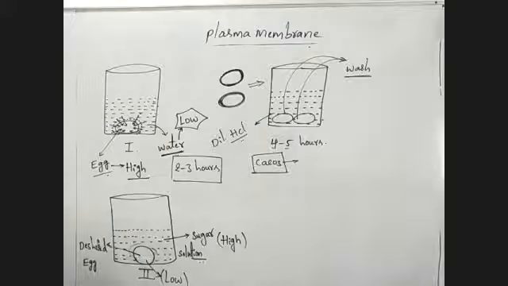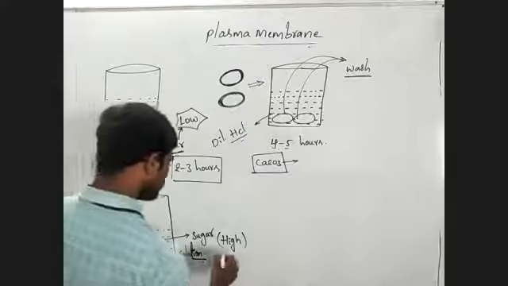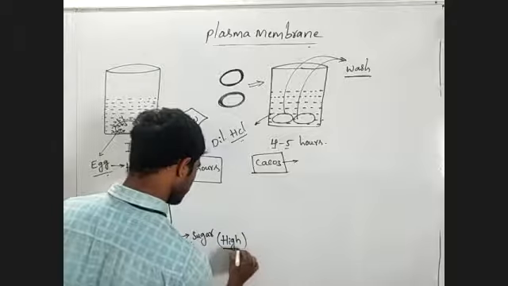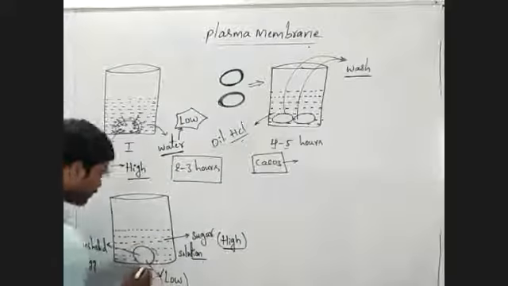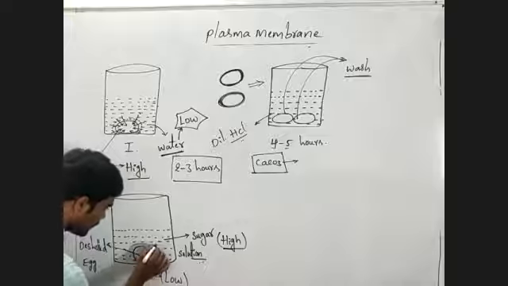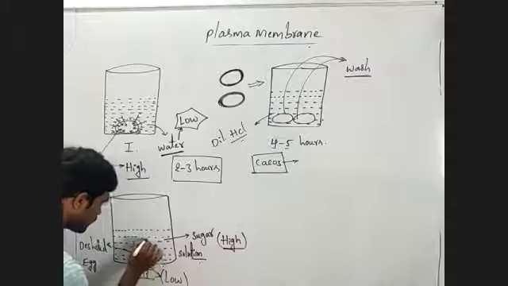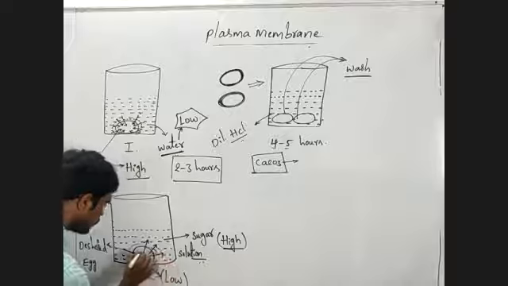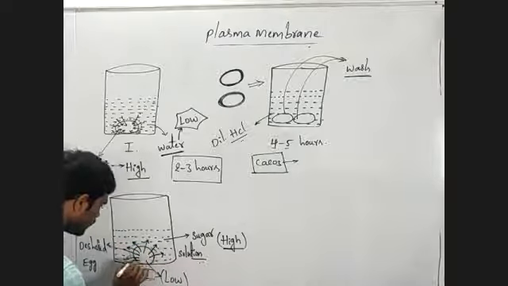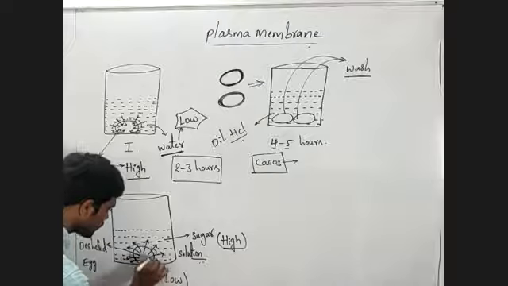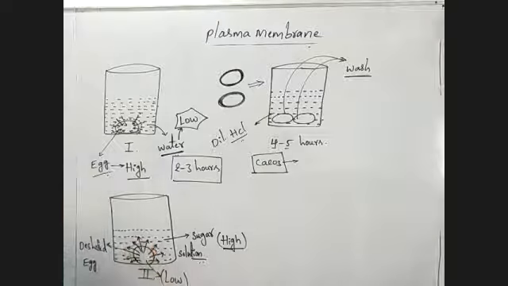In the second beaker, a high concentration is present in the outside environment. That is why from the low concentrated egg cell, water is lost into the surrounding environment.